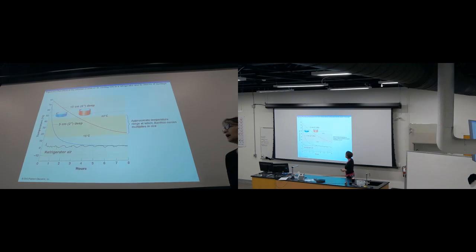So here's an example of what happens when someone is cooling off food. In this case it will be rice. Rice can be contaminated with a bacteria called Bacillus cereus.